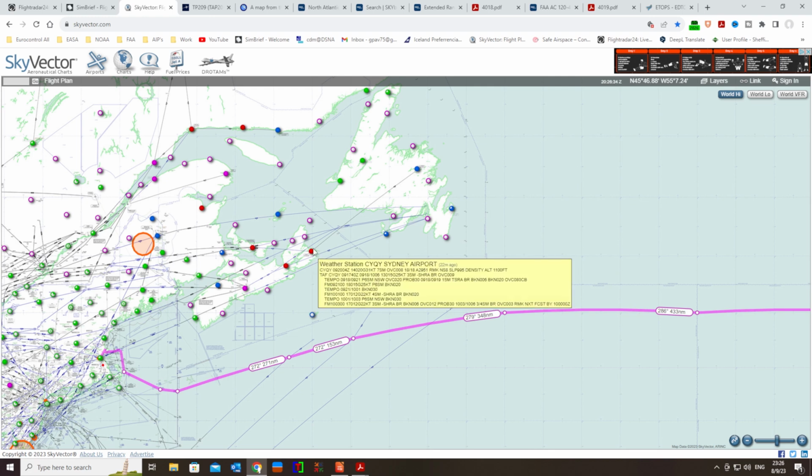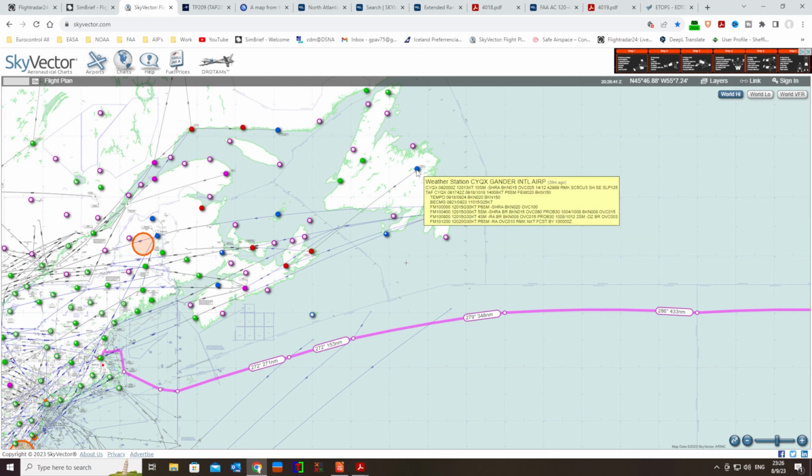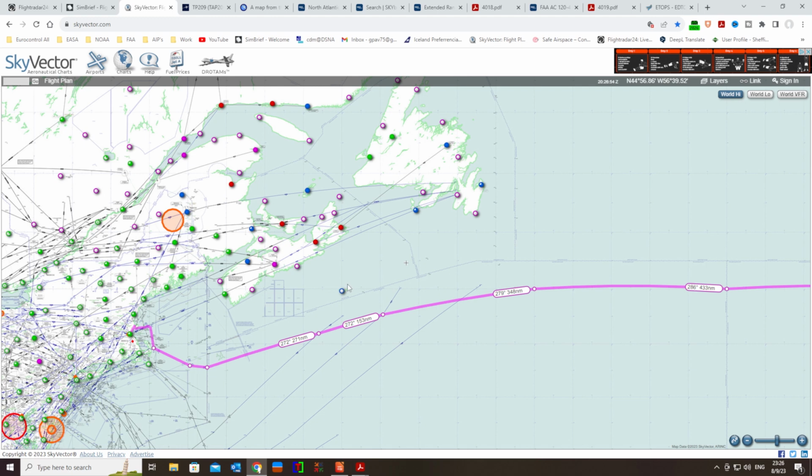This is IFR weather, Sydney Airport. Okay, Gander. Don't like the weather in Gander. It's really windy. Now it becomes problematic for me.